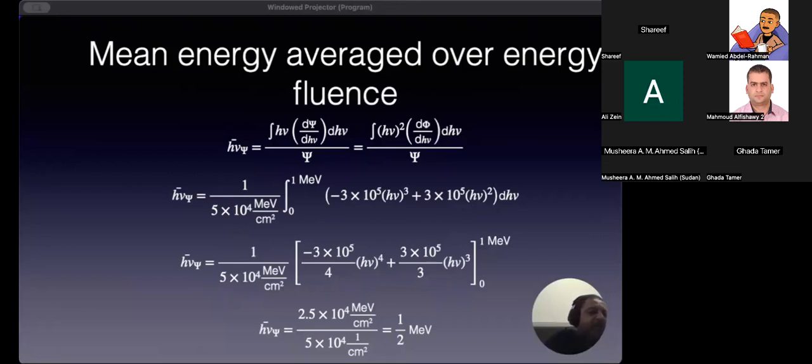At the end, we find that the average photon energy averaged over the energy fluence is 1.5 MeV. So they're not the same. When we talk about the average energy of the beam, are we averaging it over the particle fluence or over the energy fluence? It makes a difference between the two, and this is an example that demonstrates this.